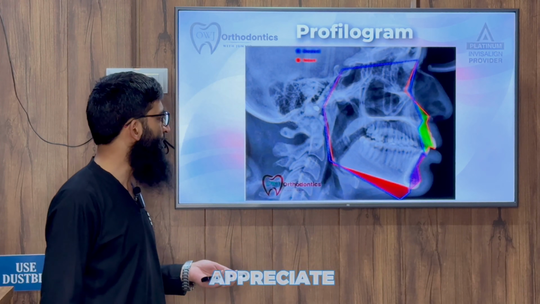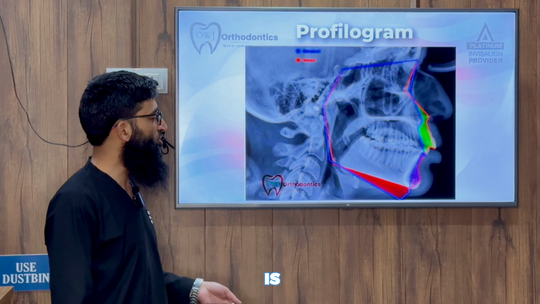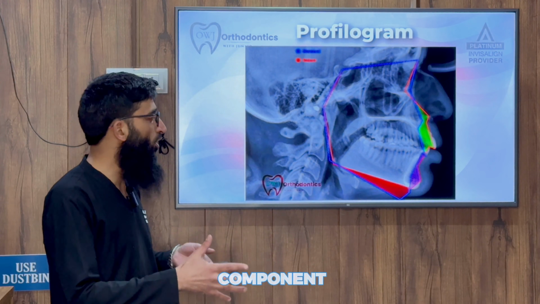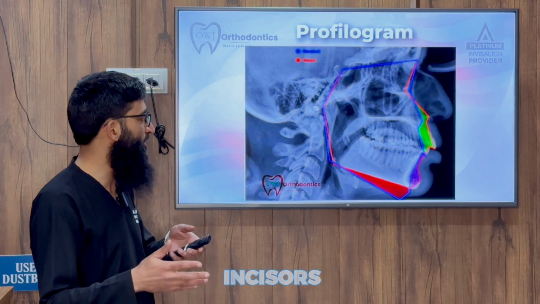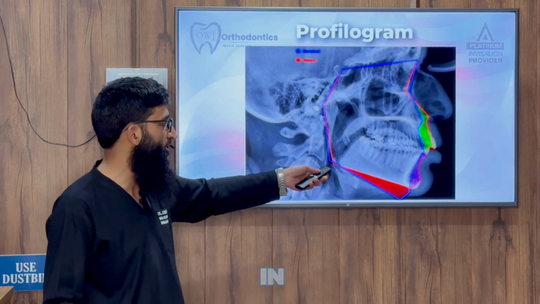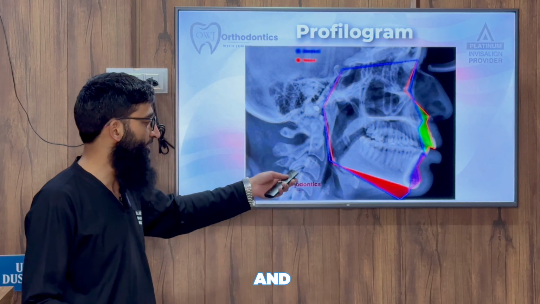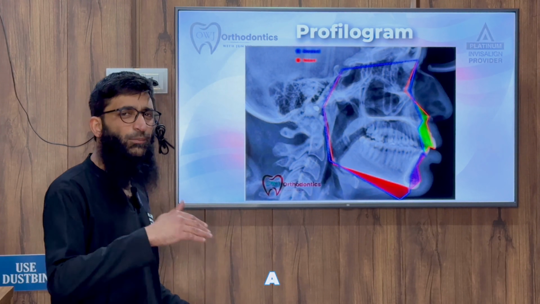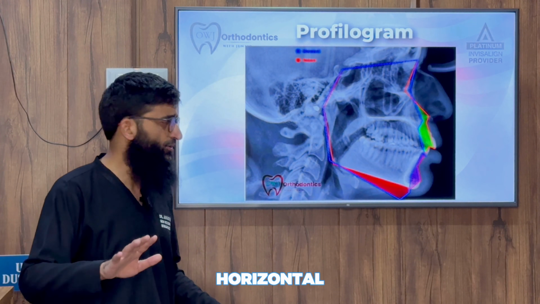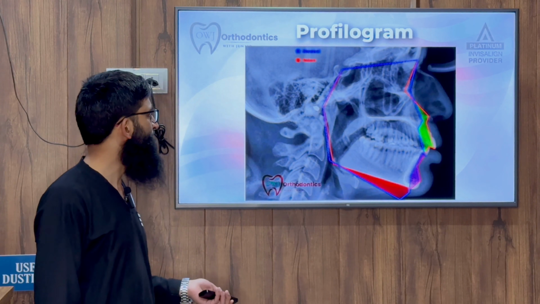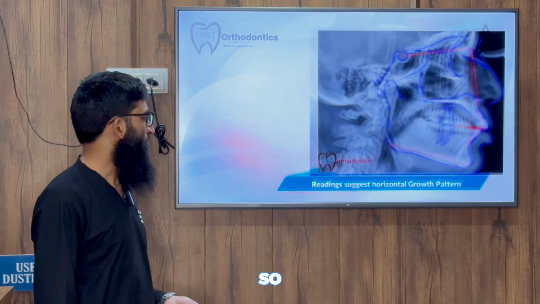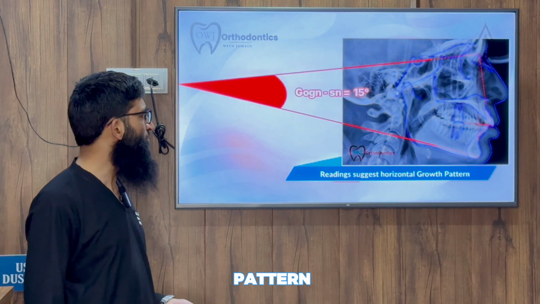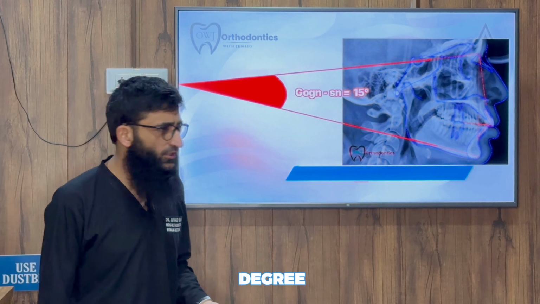We can appreciate that the green color shows the maxillary component is a bit ahead, and the mandibular lower incisors are proclined. The purple, green and red colors signify a predominantly horizontal grower. So we need to correct these things. A horizontal growth pattern of GoGn to SN of 15 degrees is there.